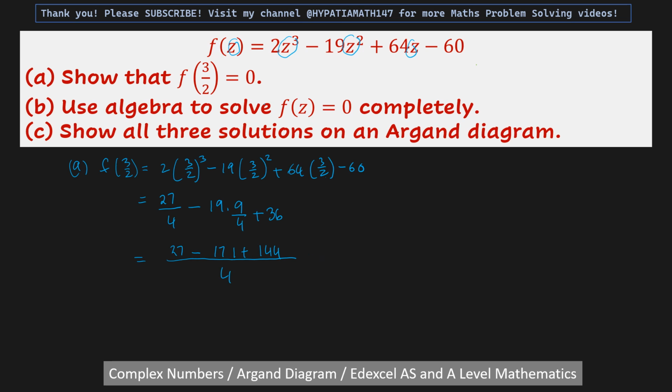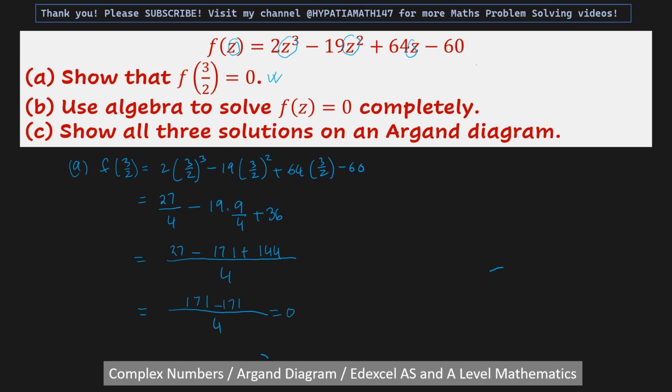So now if I simplify to the next step, I would get, once again, denominator 4, and the numerator would be 4 plus 7, 11, 1 and 1, 4, 5 and 2, 7, minus 171, and that equals 0. So that's done. f(3/2) is 0.